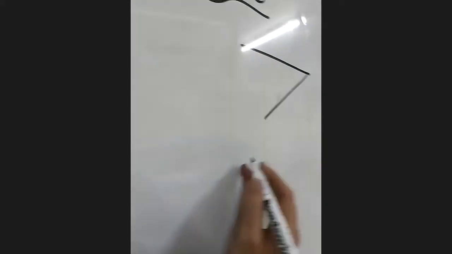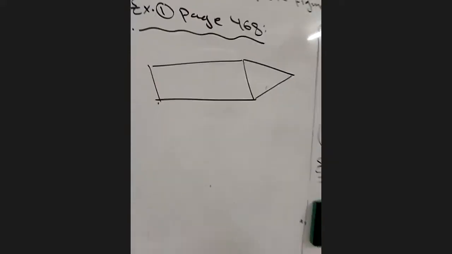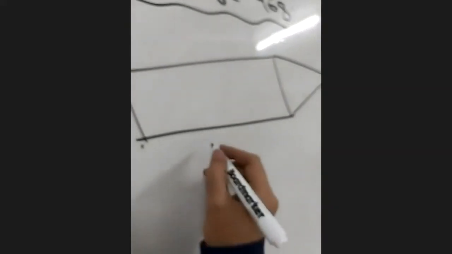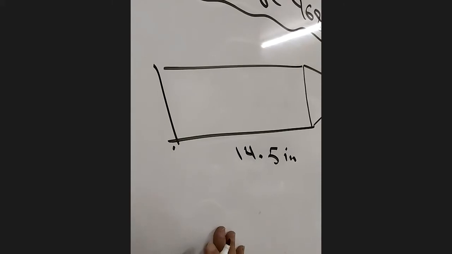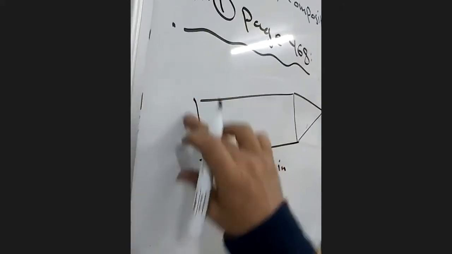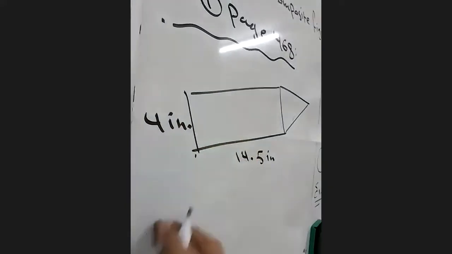This is the sign, guys. I will graph the sign on the board. We have something like this. This is the sign, right? Now, I will write the values there. Here we have 14.5 down, right? Down here, guys, we have 14.5 inch. And here what we have, Faris? 4 inches.